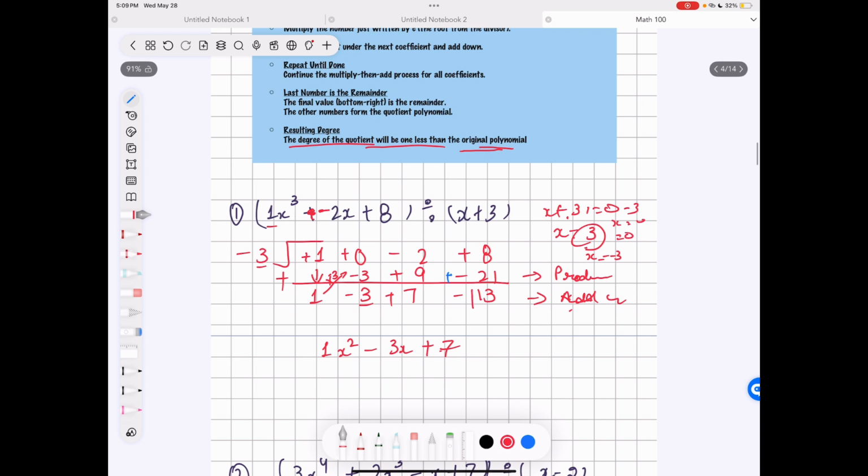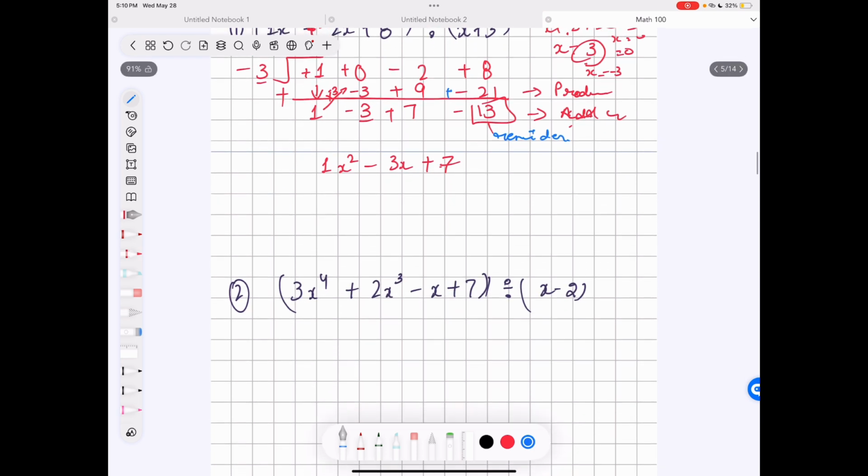And this is our remainder. This thing here is our remainder. The last digit is our remainder always.